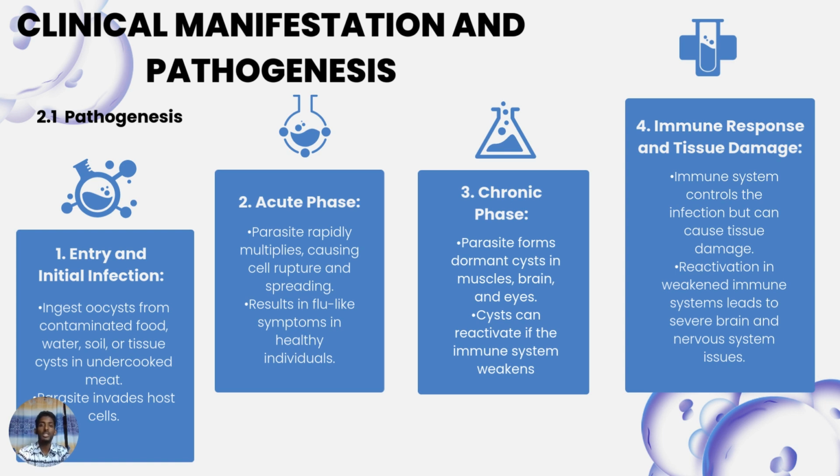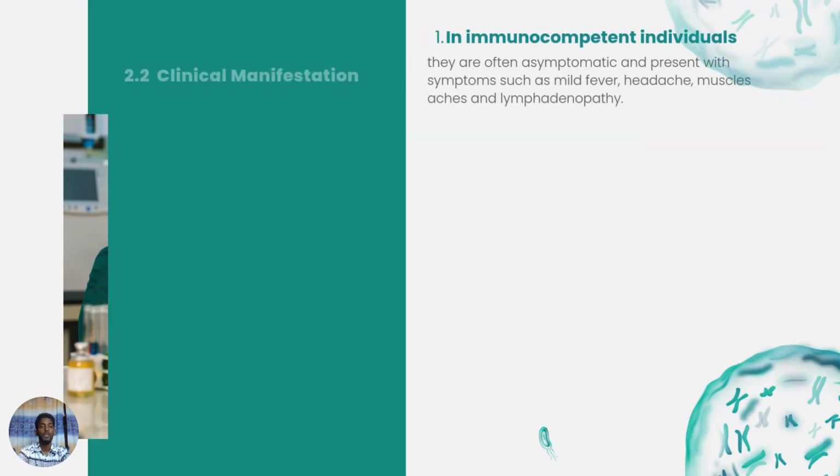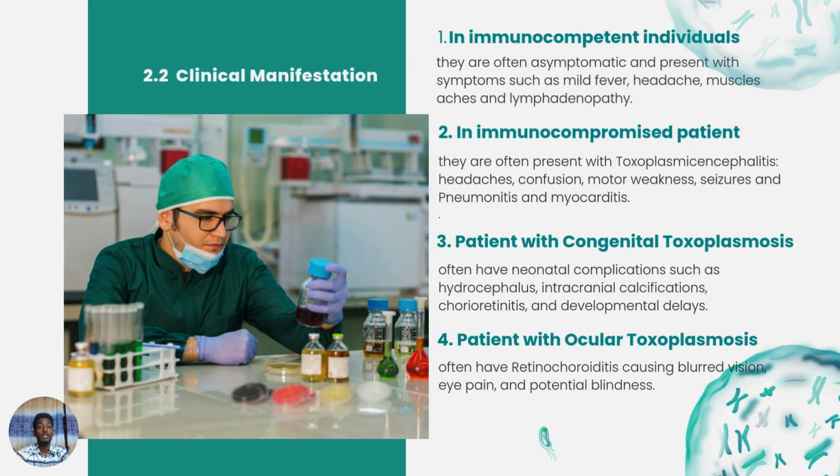And reactivation leads to severe brain and nervous system issues and damage to the neurons of the central nervous system or the peripheral nervous system as well. Now, moving on to the clinical manifestation in immunocompetent individuals, they are sometimes asymptomatic, but they can have mild symptoms such as mild fever, headaches, muscle aches, or lymphadenopathy.